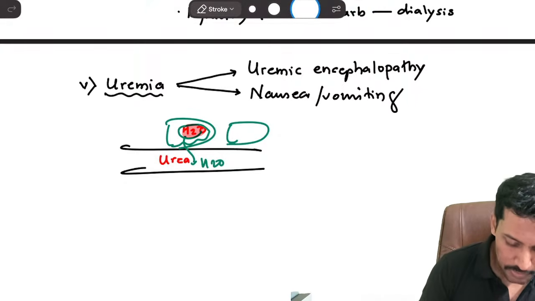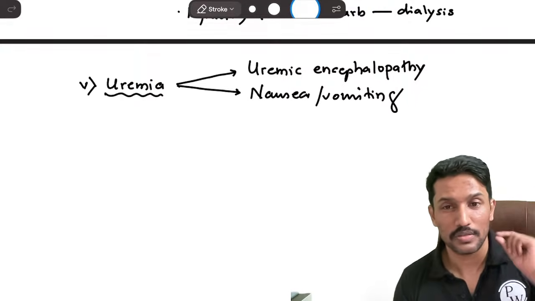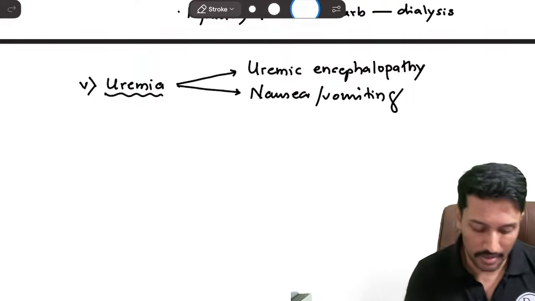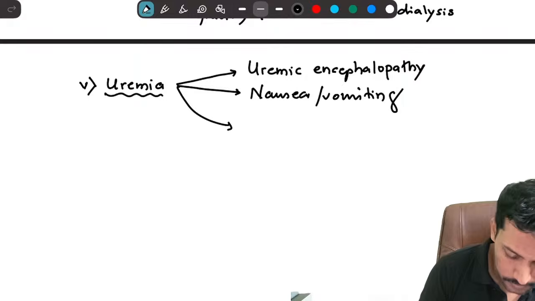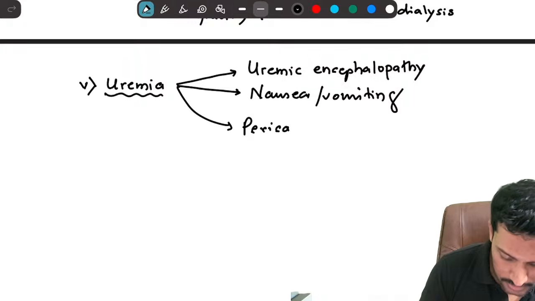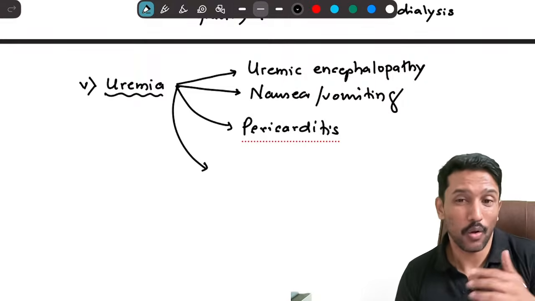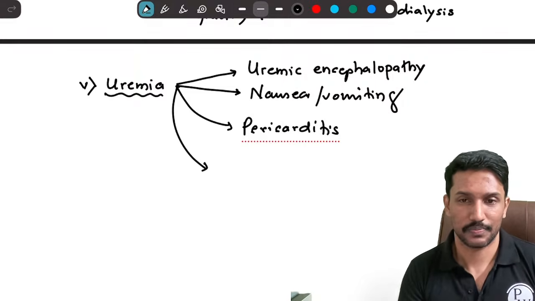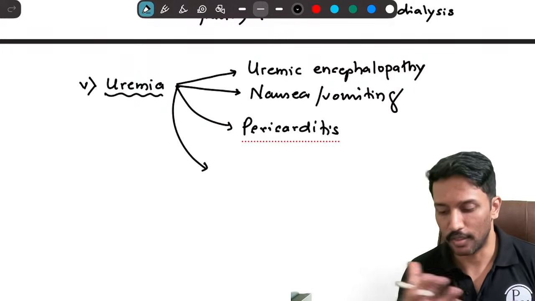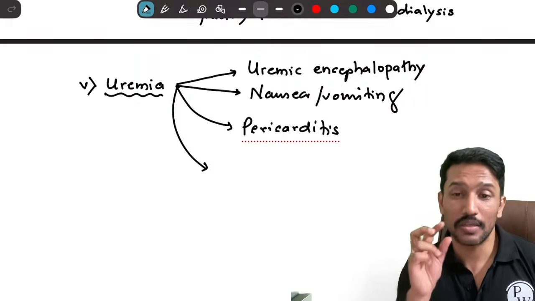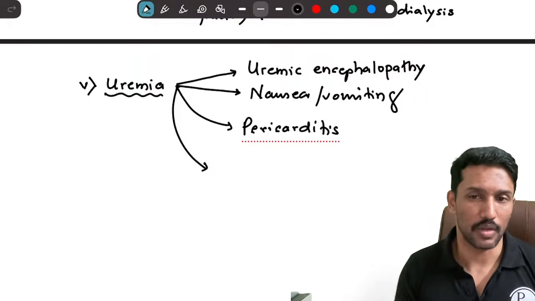Then the other thing I can expect is, just like how dehydration of neurons is happening, I can also cause osmotic injury or dehydration of the cells of the pericardium, and that can lead to pericarditis. We will call it uremic pericarditis. Then high urea also causes damage to RBCs, like the disfigured RBCs in uremia that Ranjit might have told you about in pathology.